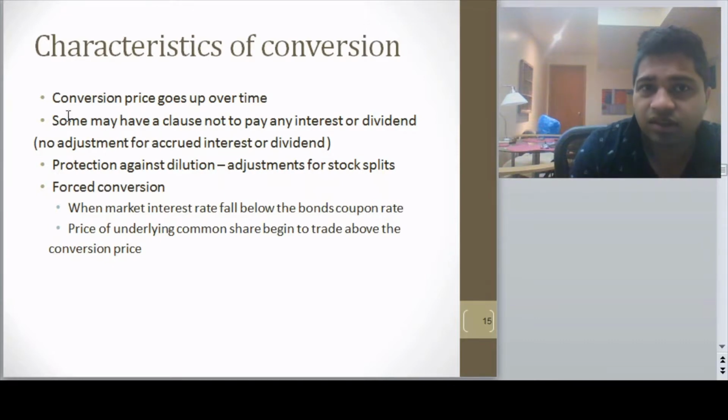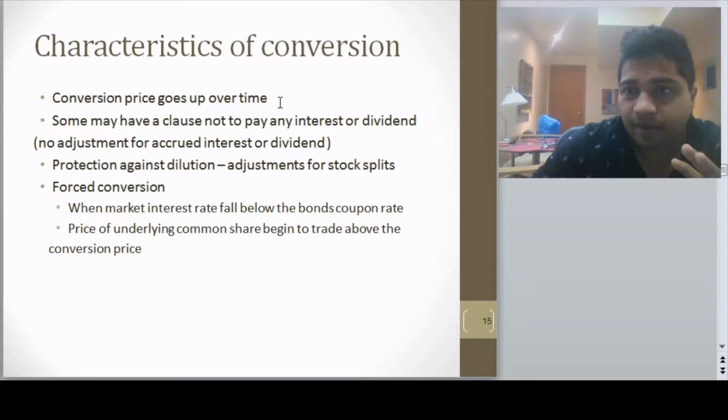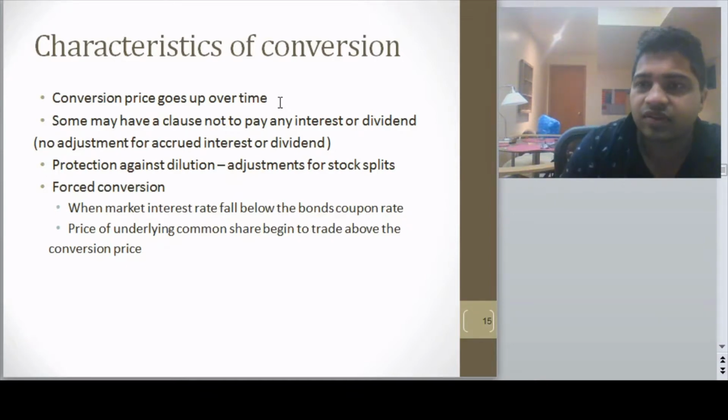Characteristics of conversion. The conversion price goes up over time. Let's say if you convert it in 5 years, the conversion price is $20, it may go to $25, it may go to $30. The conversion price is nothing but effectively what you pay to convert, right? So after 5 years you may effectively pay $20.